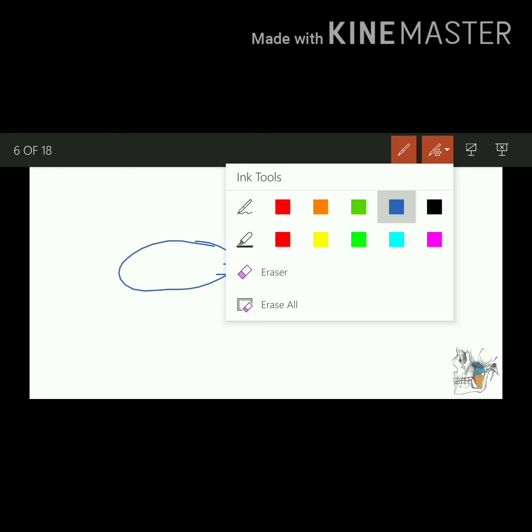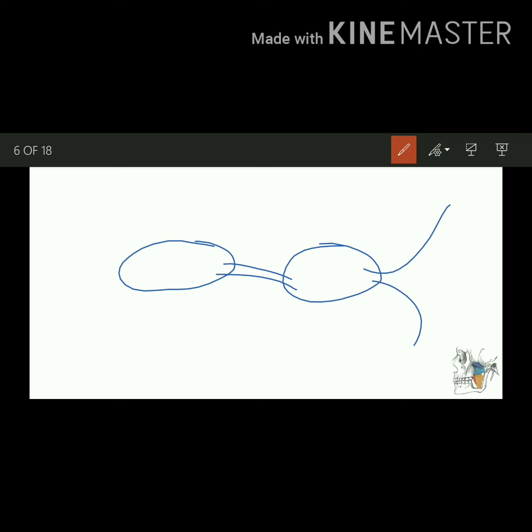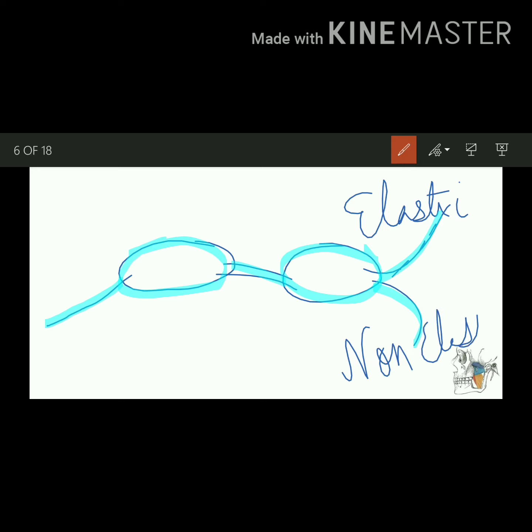Now let us see some of the important features of this joint. As we have already discussed, we now see the articular disc. We know this is the anterior extension, this is the anterior band, intermediate zone and posterior lamina. Thing to note here is the posterior upper lamina is elastic. The lower is non-elastic.